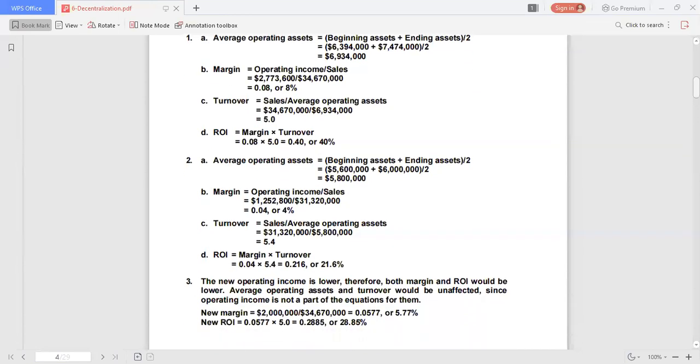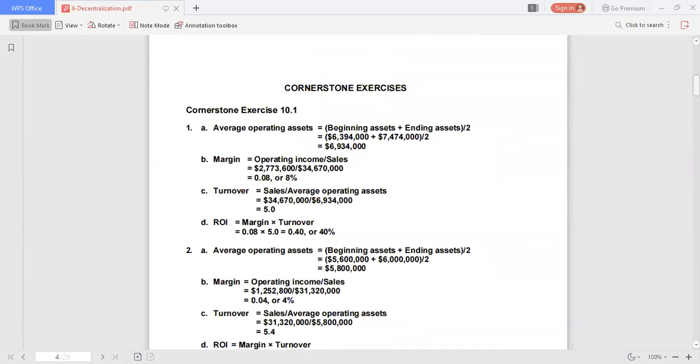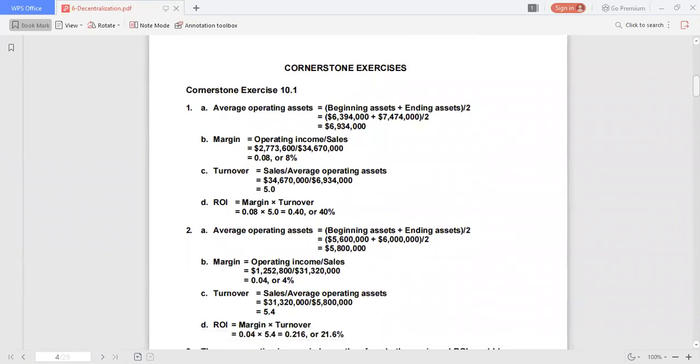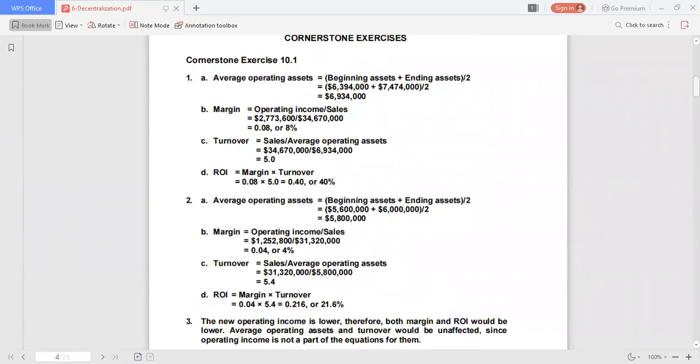Both margin and ROI will be affected, and would be lower. Average operating assets and turnover would be unaffected since operating income is not a part of the equations. So your average operating assets will still be the same as in requirement number 1.